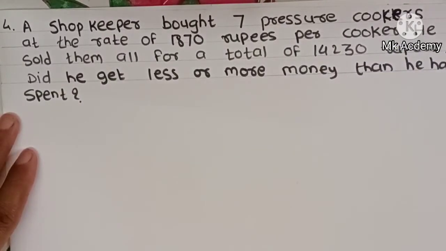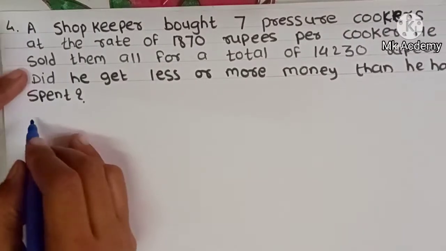A shopkeeper bought 7 pressure cookers at the rate of 1870 rupees per cooker. He sold them all for a total of 14,230 rupees. Did he get less or more money than he had spent?